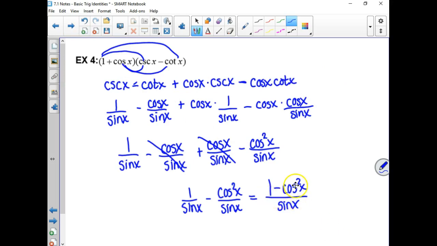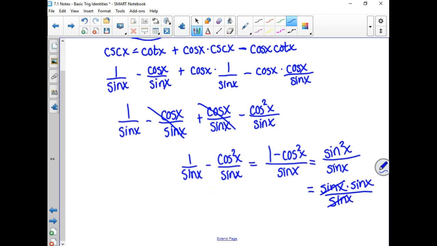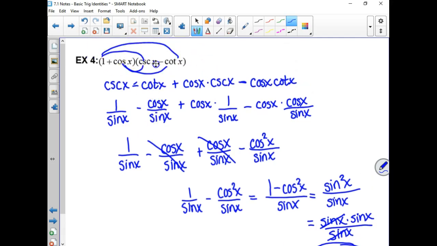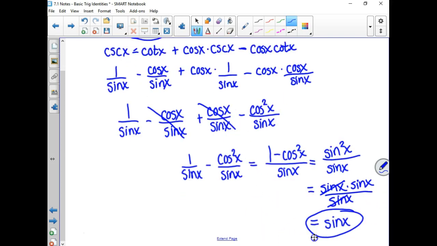So this 1 minus cosine squared x, I can replace with sine squared x, and sine squared x over sine x is sine x times sine x over sine x. One of those will cancel, so this simplifies all the way down to sine x. So often we'll have a complicated equation at the beginning and we'll end up with just a very simple trig solution at the end.